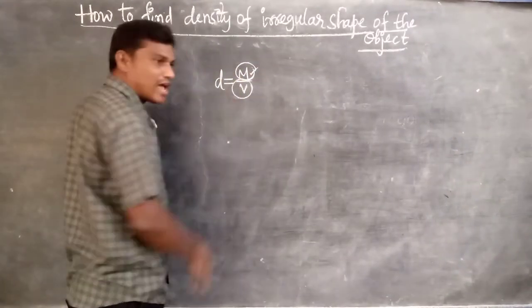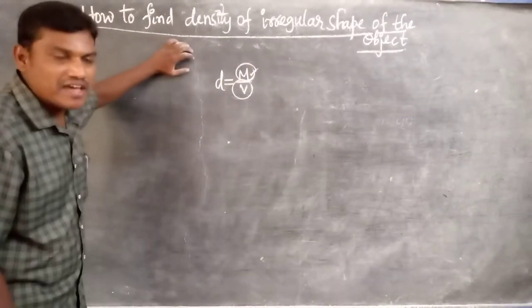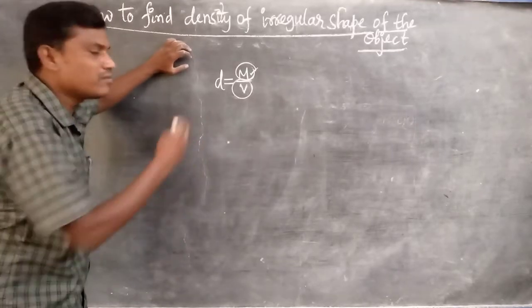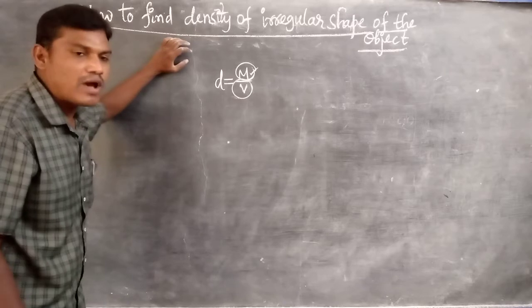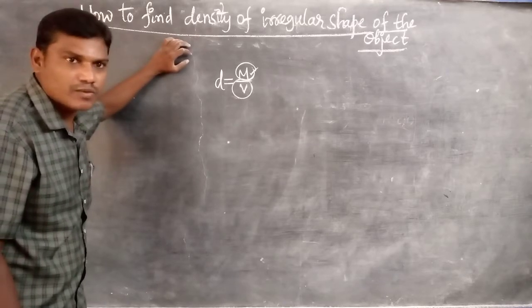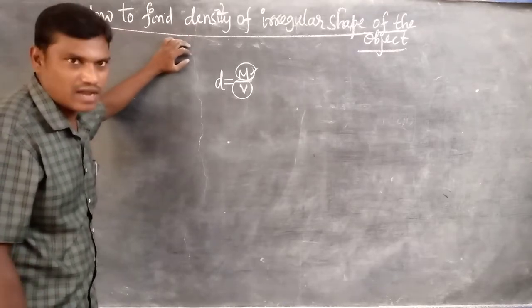But what about the volume? For regular shaped bodies, there are particular formulas. The volume of a cube is L cube, or D cube.